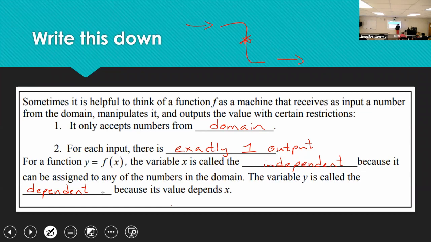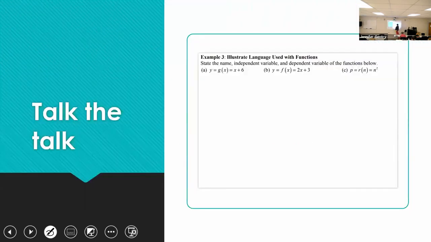Next. We're on it today. State the name of the independent variable and dependent variable for the functions below. So for A, what is my independent variable? What did we just say?